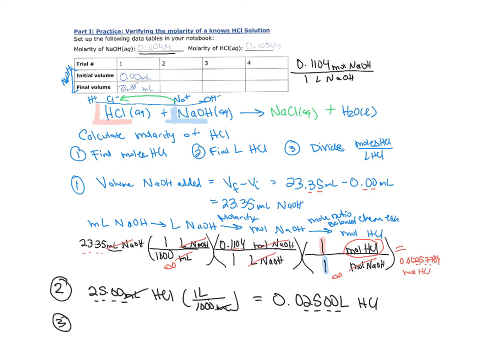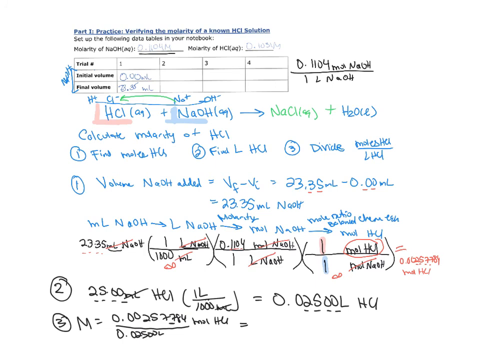Now step 3, my molarity of HCl is my moles over liters, 0.002577784 moles of HCl divided by 0.02500 liters. And now on my calculator, I still have that entire number for the moles of HCl, because I converted to my liters of HCl.